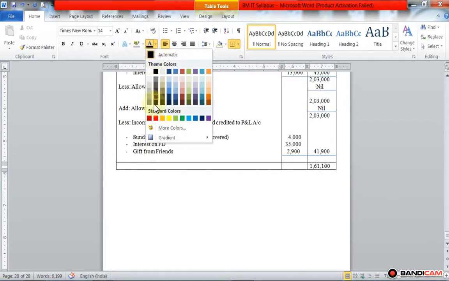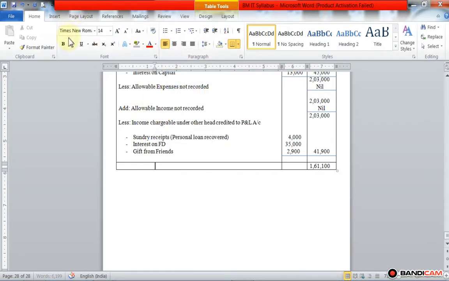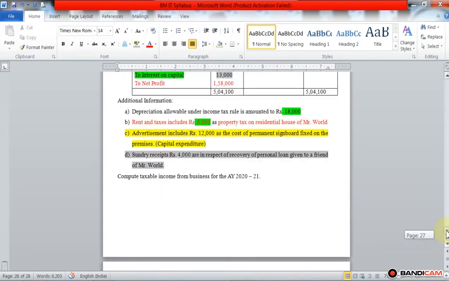Total income from business. Got it? Total income from business amounted to rupees 1,61,100. Okay, again we revise this problem.